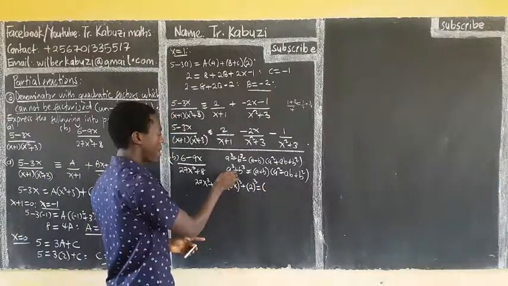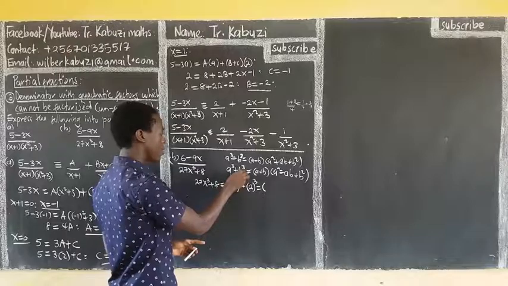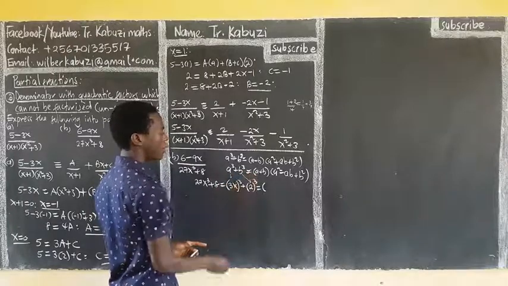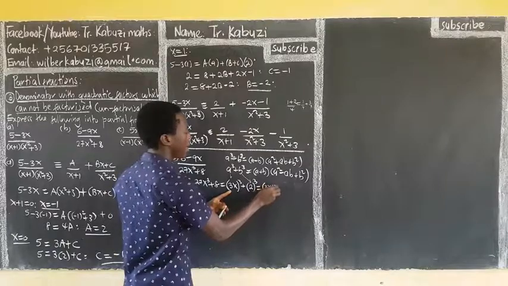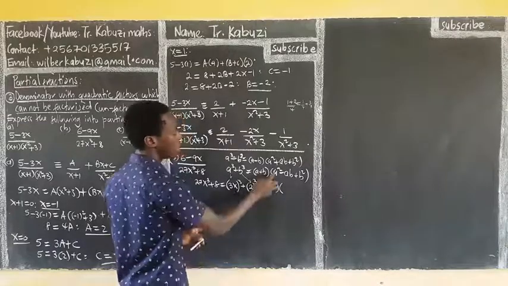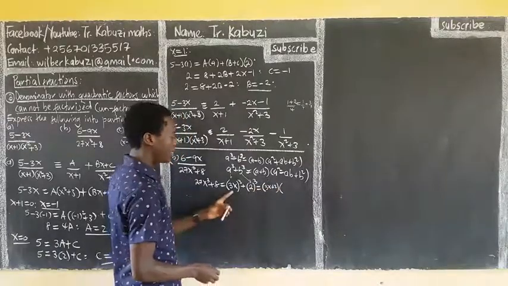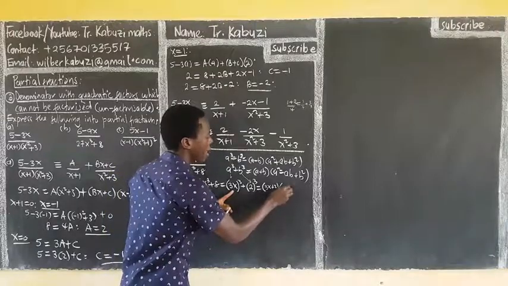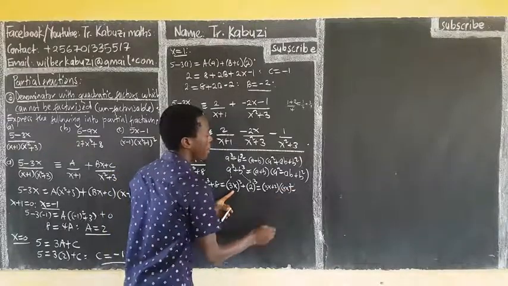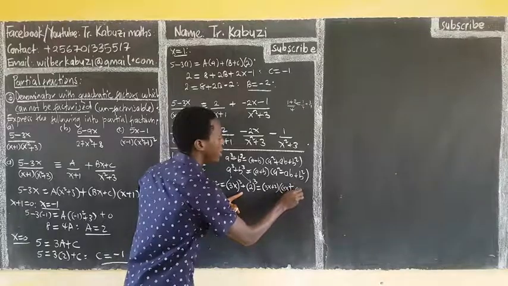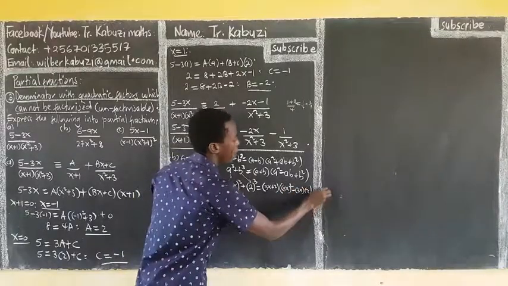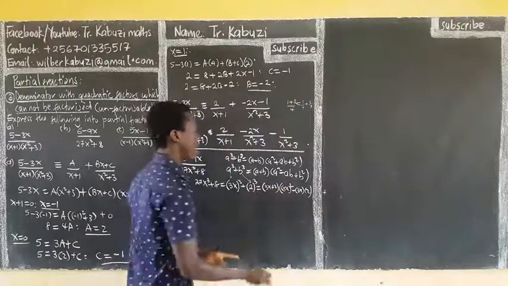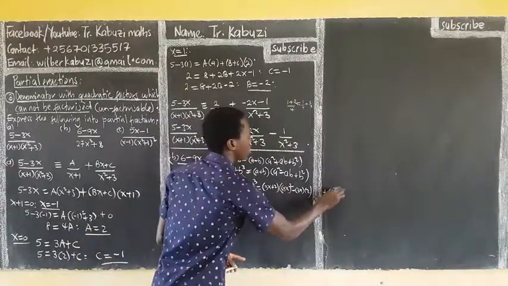Now, this is going to be my A, and this is going to be my B. When I put them there, I'm going to have 3x plus 2 into my A, which is 3x, the whole squared, minus A, which is 3x, times B, which is 2, then plus B squared, which is 2 squared.